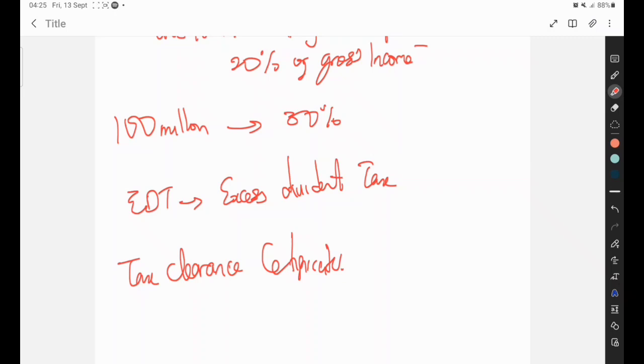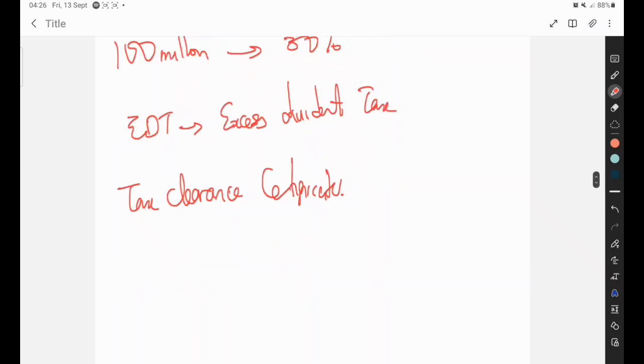It can be issued by the Federal Inland Revenue Service (FIRS) or the State Internal Revenue Service.